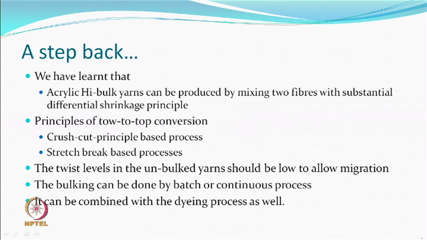High bulk acrylic yarns, we know, can be produced by mixing two fibers, shrinkable and non-shrinkable, with a substantial differential shrinkage. So, the principle would be differential shrinkage principle, but there should be a substantial difference between the shrinkage. Then we did talk about the toe to top conversion, two basic principles, crush cut and stretch break.